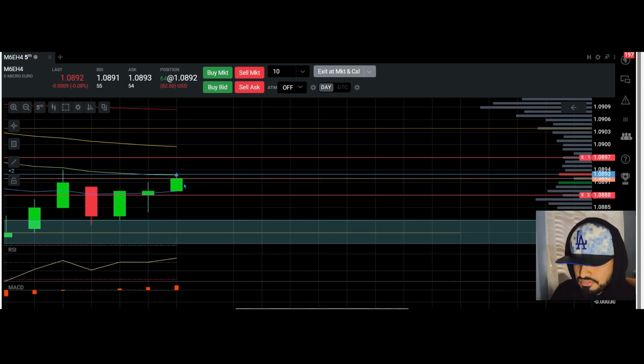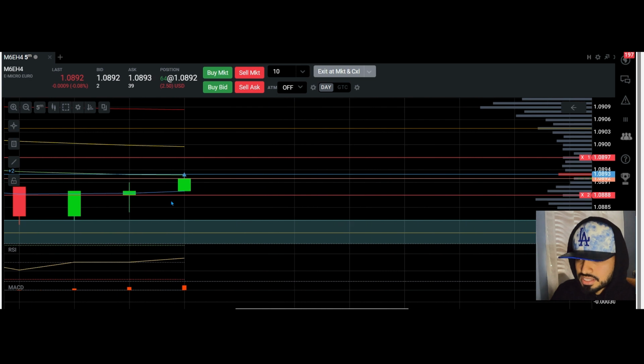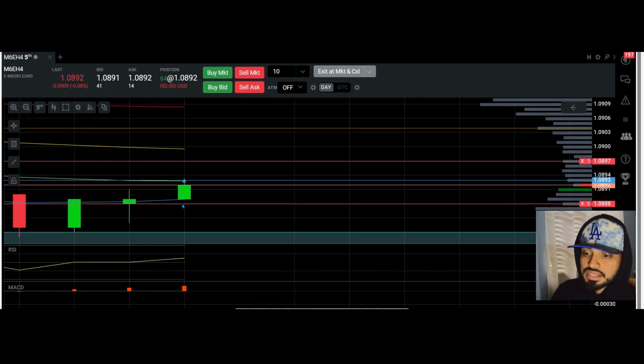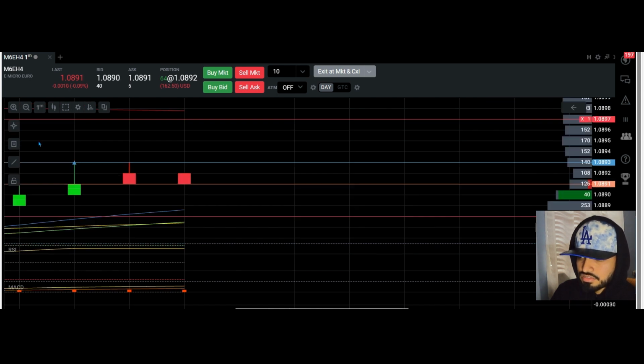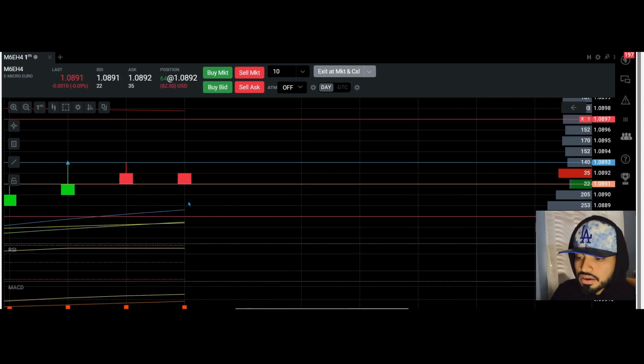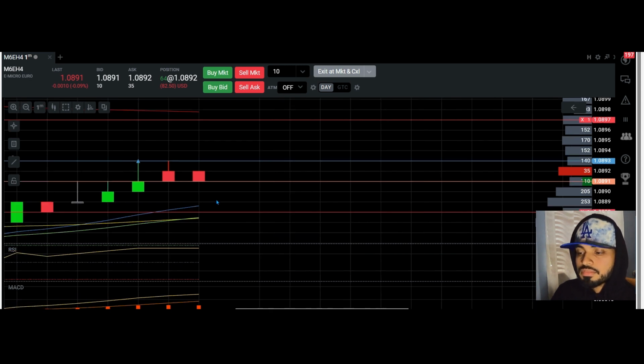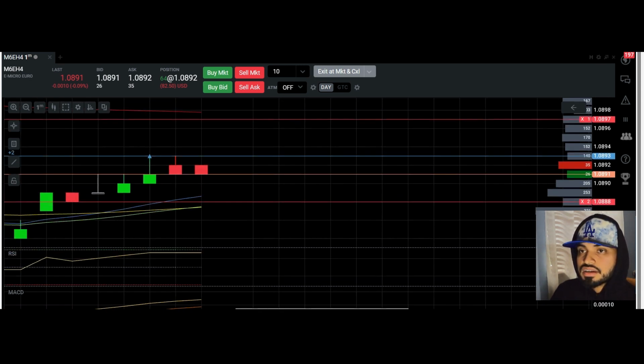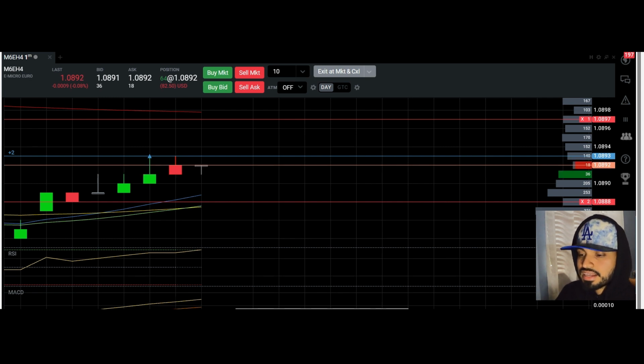So on the 5 minute, my risk looks really tight because the 5 minute looks very different than the 1 minute. On the 1 minute, it looks like it's far away. I don't know if I should give a little bit more breathing room since it's the 1 minute. I do not know. Let's see. I'm playing the 1 minute in real time.